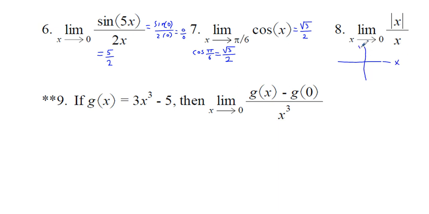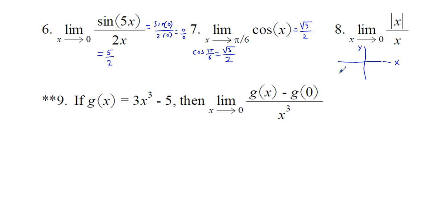To the left of 0, this x value is going to be negative, and this value on the top, this absolute value of x, is always going to be positive. We're going to be undefined where x equals 0, but we're looking for the limit.